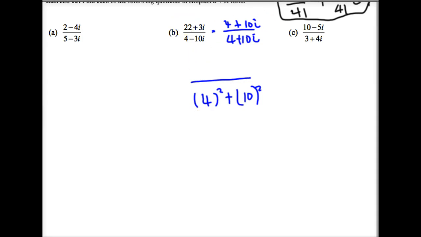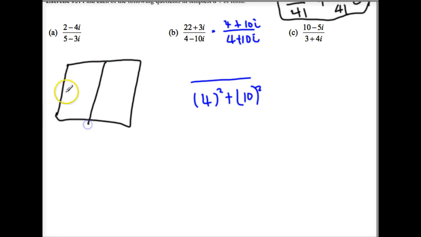Now for the top part, I'm going to do the box method on this side. What do we have? We have 22, 3i, this is positive, and 4, and a positive 10i. This is a 10i. Okay.